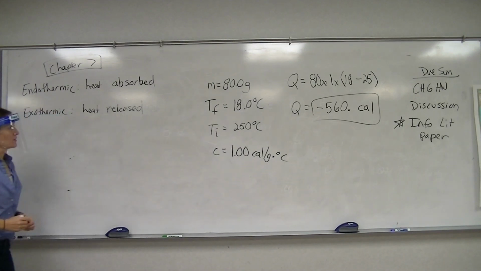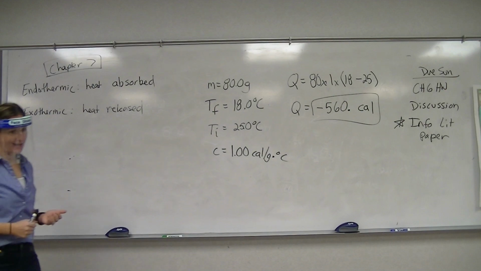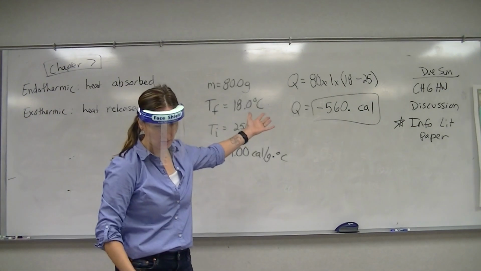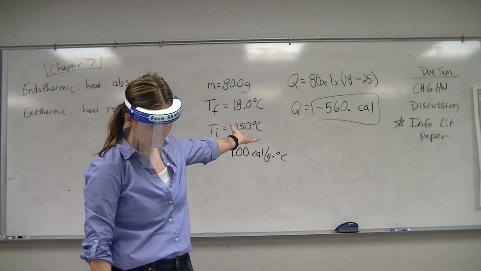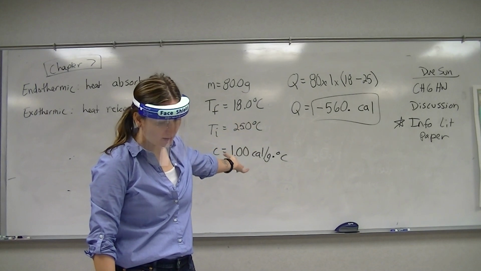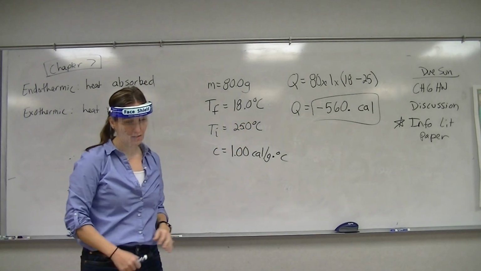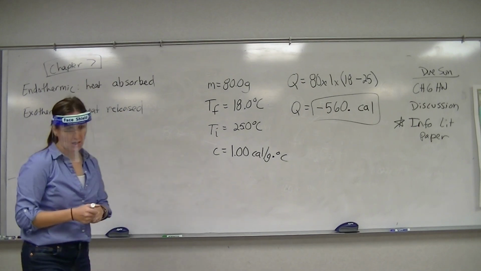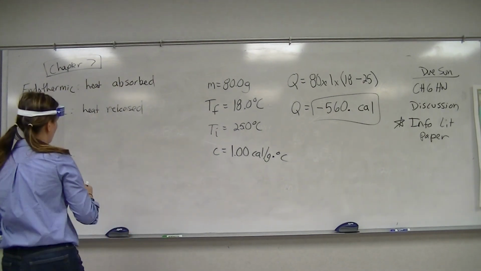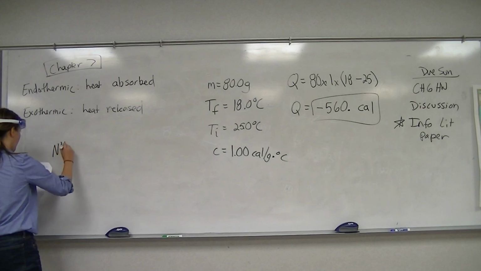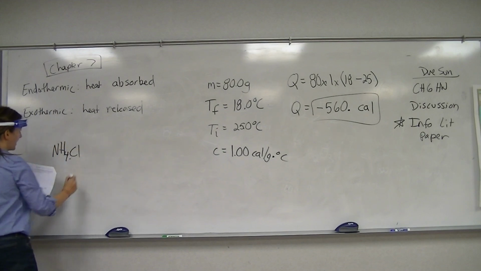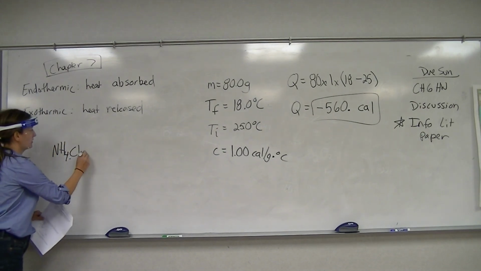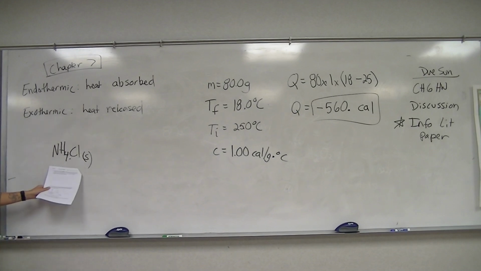So with that value, that's the answer to how many calories of heat. But next it also asks, is the dissociation of NH4Cl endothermic or exothermic? Let me write this equation up here so you can see what they mean by dissociation. They're just saying we have this solid ionic compound.